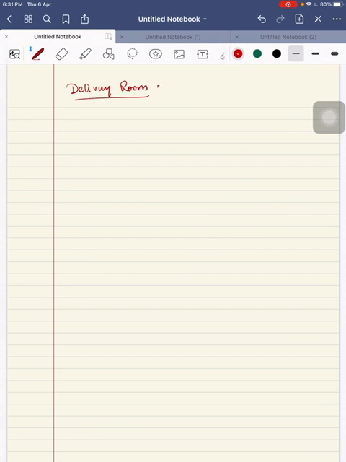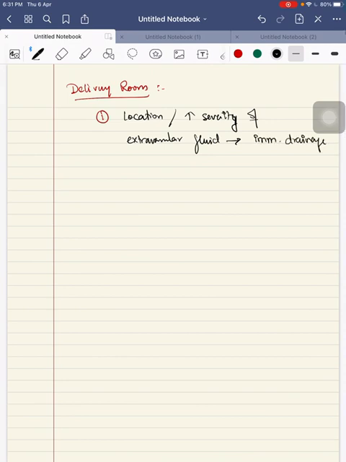So first, in the resuscitation room or in the delivery room, if the location of the extravascular fluid is known, or there is increased severity, you can do immediate drainage as a part of initial resuscitation. Okay.